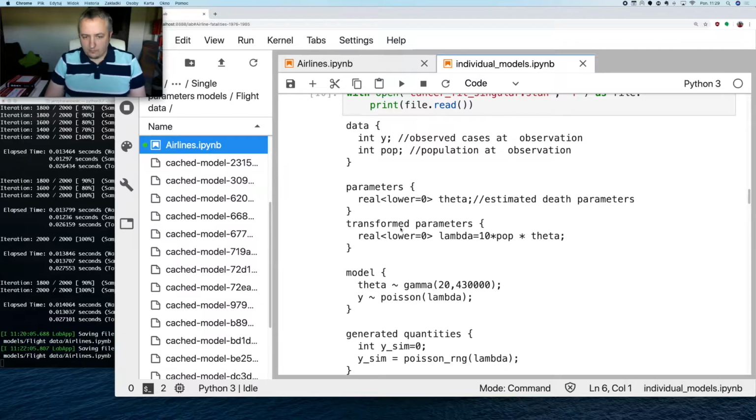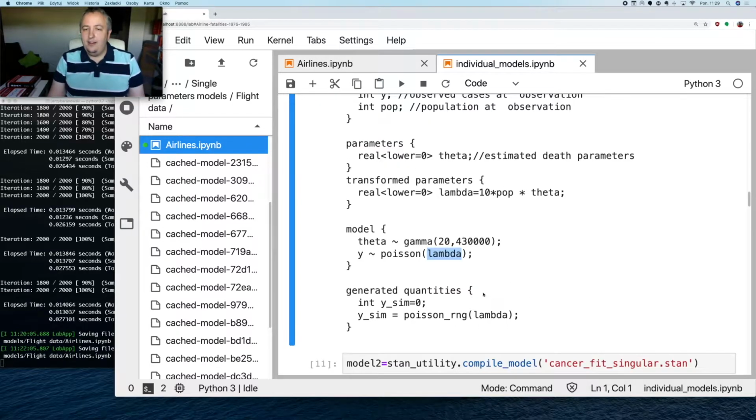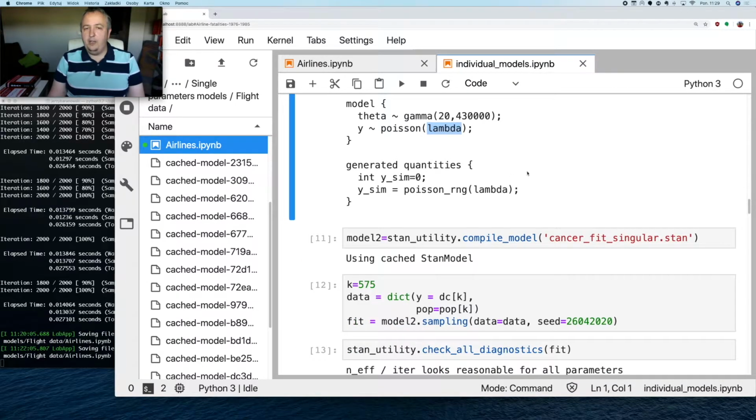Having that, our model uses the transformed parameter lambda. As you can see, we assign a prior for theta, which is used in the transformed parameters to compute lambda, and this lambda is used here. So it makes it more legible. And of course, we are generating quantities, so we are sampling how many deaths are possible from each lambda.